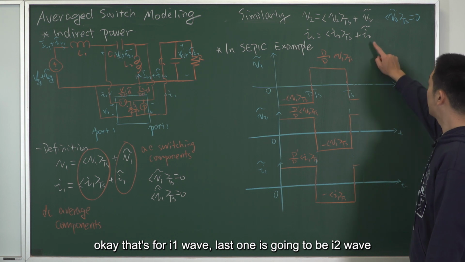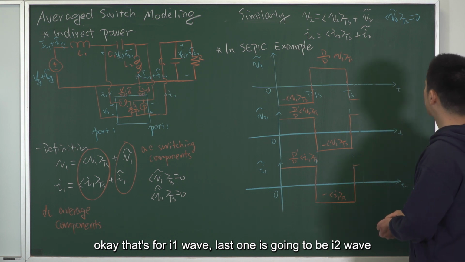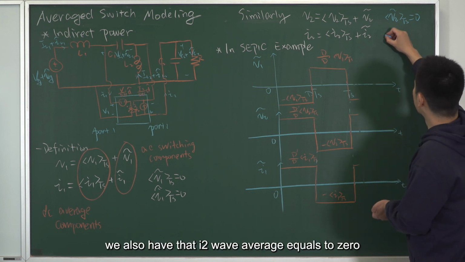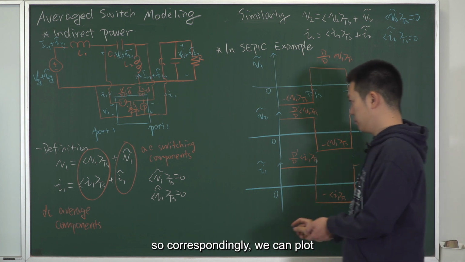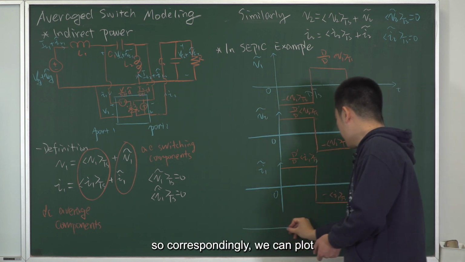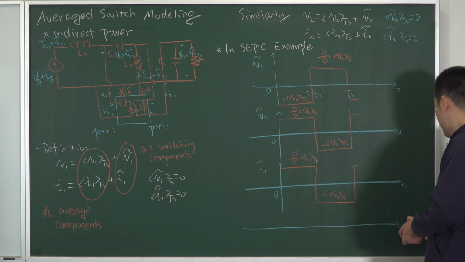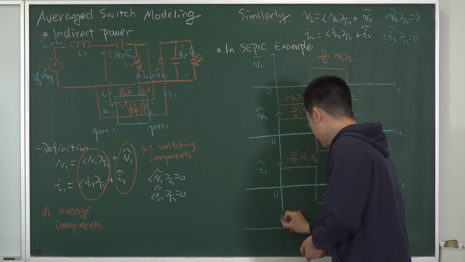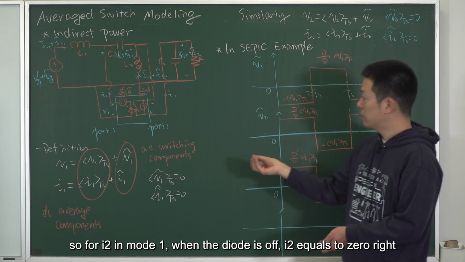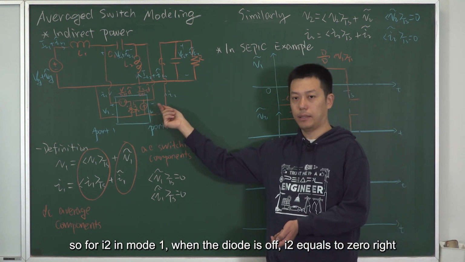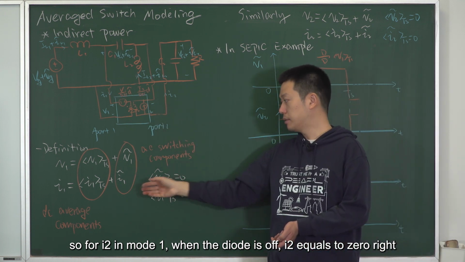Last one is going to be I2 wave. We also have that the I2 wave average equals to 0. So correspondingly, we can plot. So for I2, in mode 1, when the diode is off, I2 equals to 0, right?